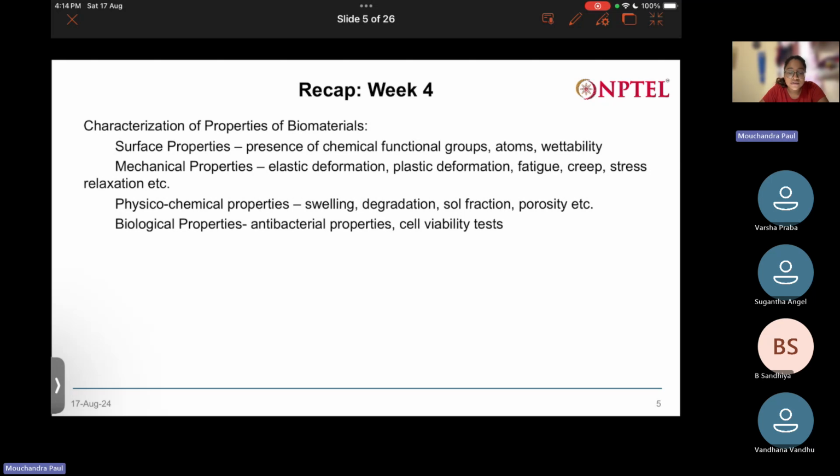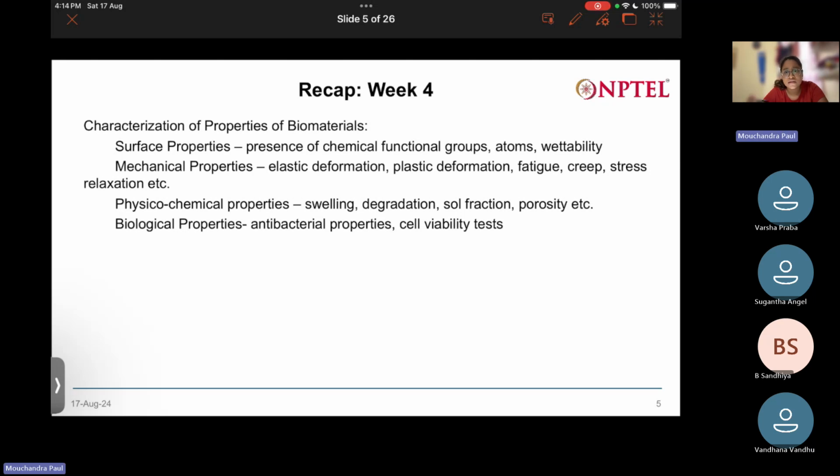Why surface? Because it is the surface that is seen by the cells. Cells cannot comprehend the overall bulk nature of the material, but they can understand the surface. That is why knowing your surface properties is important for us.